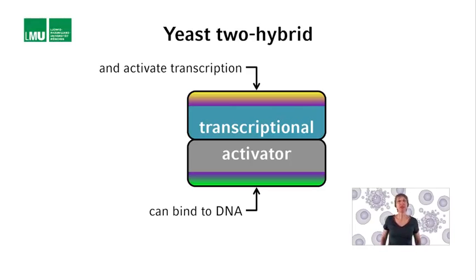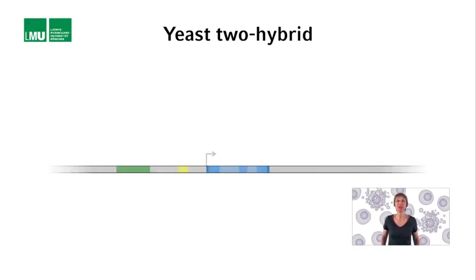This activator can then bind to a specific enhancer in the DNA of these yeast cells and activate the expression of what is referred to as a reporter gene, a transcription unit that encodes a protein whose presence within the yeast cells can easily be detected.